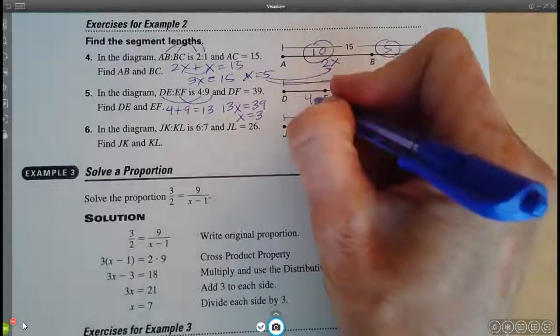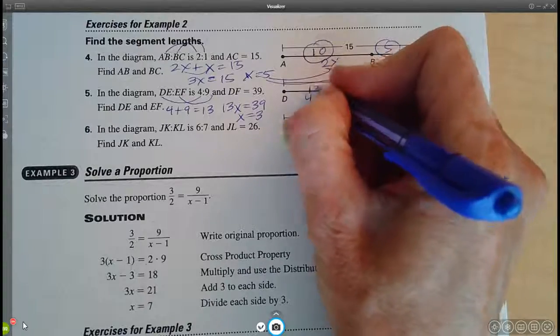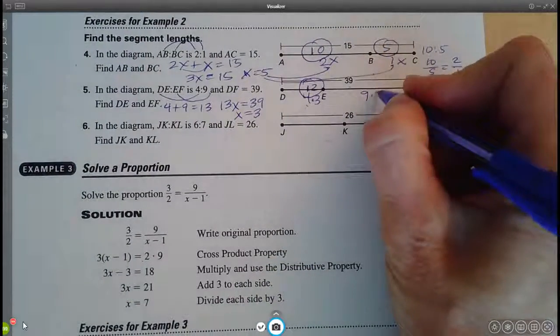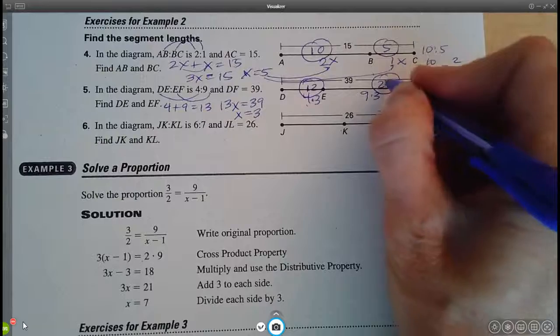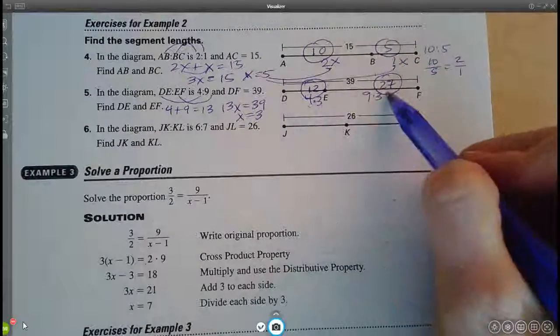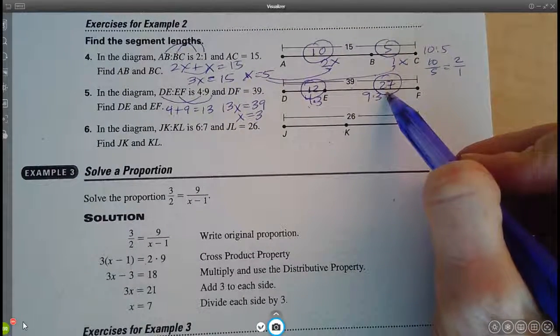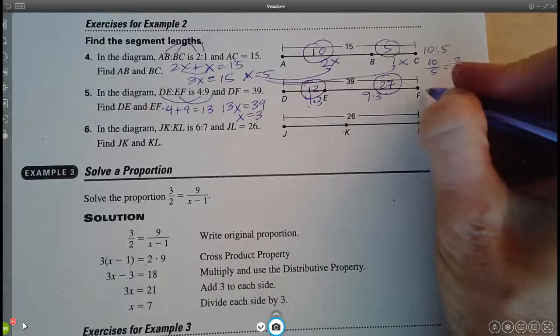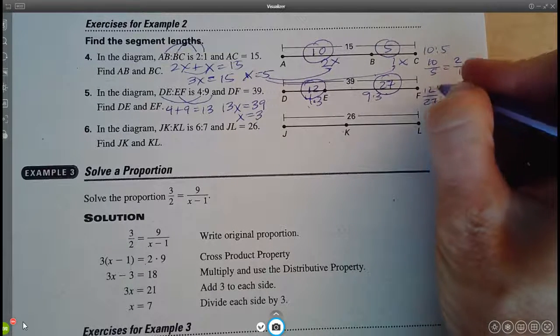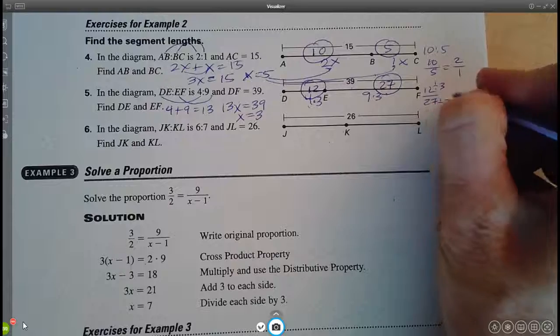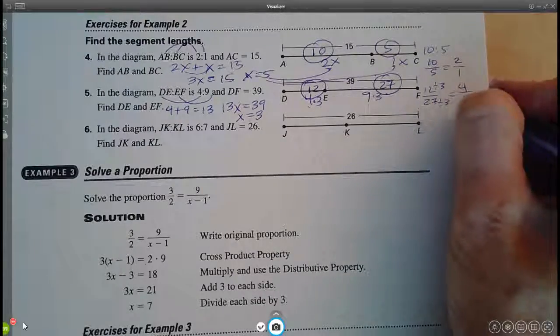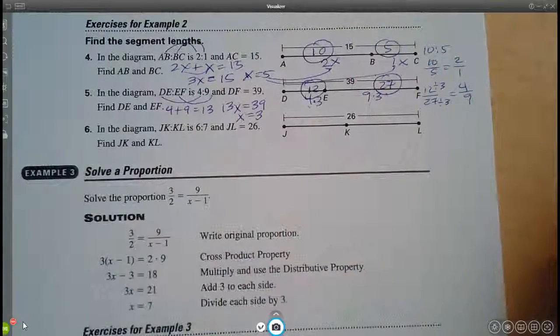So if I use that here, 4 times 3, well, that's 12. 9 times 3, 27. Okay. And I can check. 12 and 27 are equal to 39. And the ratio of 12 to 27 would be 4 to 9, which is what I started with. So that's a way I can backward check.